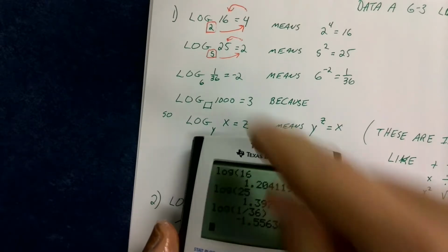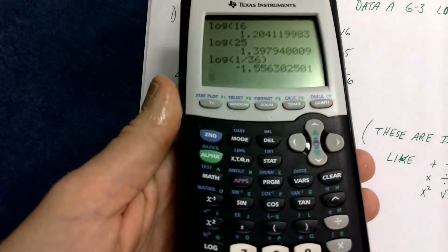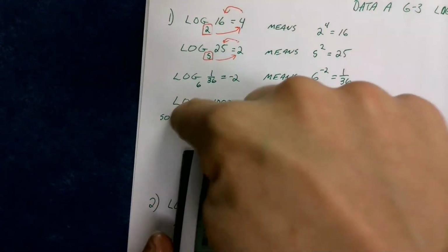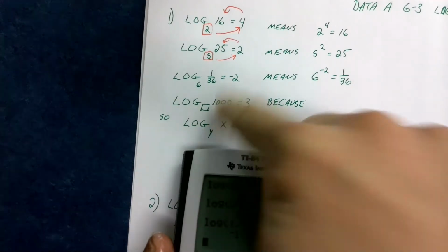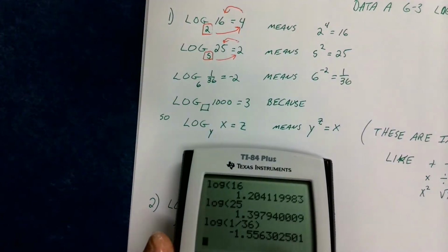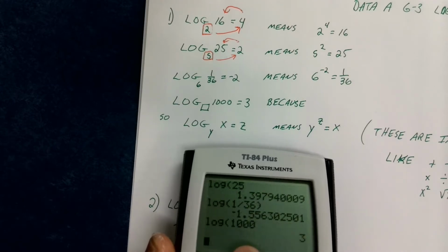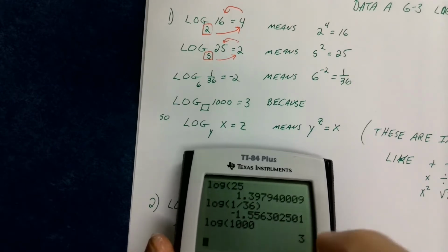So it's like, well, what good is this log button on here if it's not working for me? So what happens when I hit log of 1,000? I wonder if I can figure out what the calculator's actually doing. So log of 1,000, it says that answer is 3.